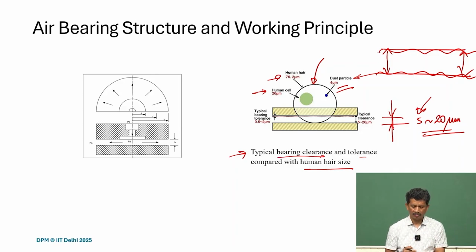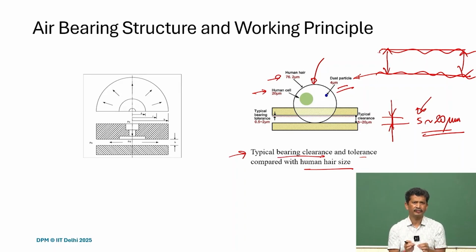Those are the requirements, and once we want to use this, we should be aware of that. What we also need to understand is that this is fed to the orifices and then it simply passes through the bearing surface and then to atmospheric pressure. So, it is always a positive pressure most of the time, unless we are using some kind of vacuum preloading. We will talk about preloading.